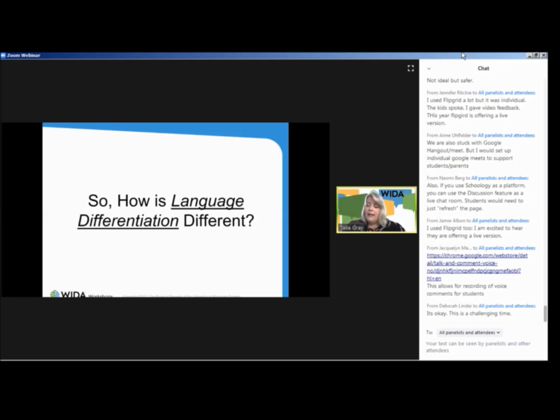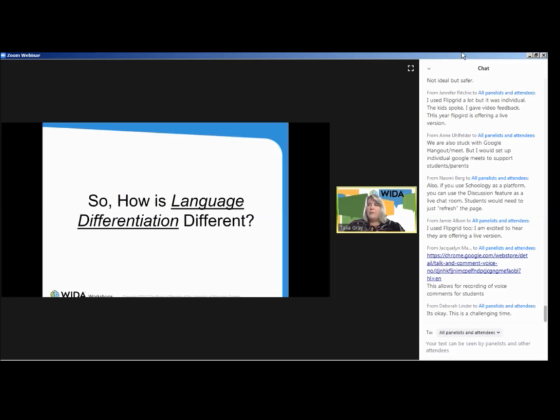And, you know, we have a lot of technology, which is fantastic. So I think that things are going to get better. I think that the more students practice with digital learning tools, the more comfortable they'll be. So that's a good thing.